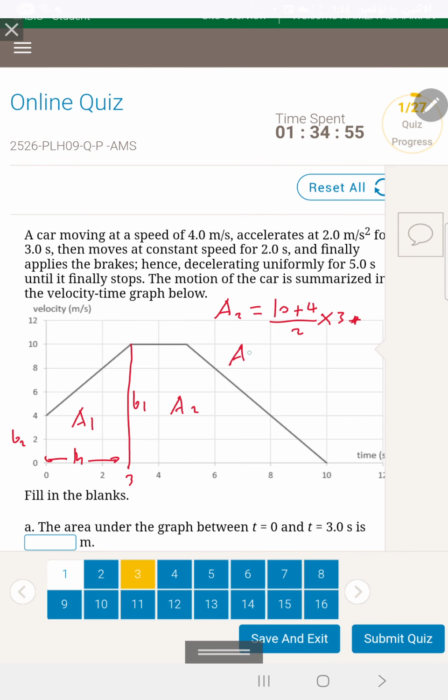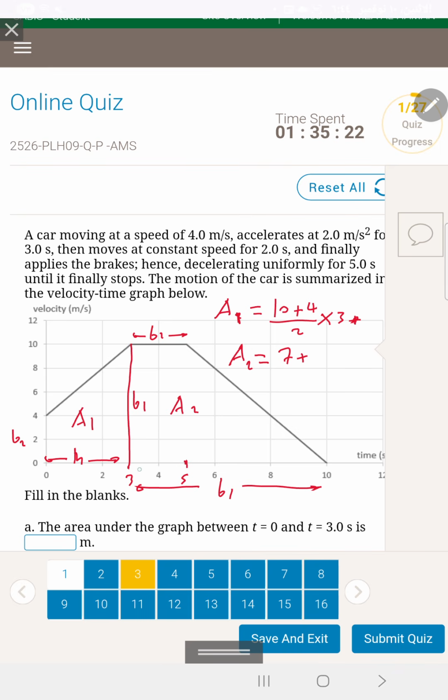Now area 2 is equal to base 1. In this case, this is base 1. Be careful, the bases are the parallel sides, and this is base 2. So base 1 is from 3 to 10, which is 7, plus base 2, which is from 3 to 5.